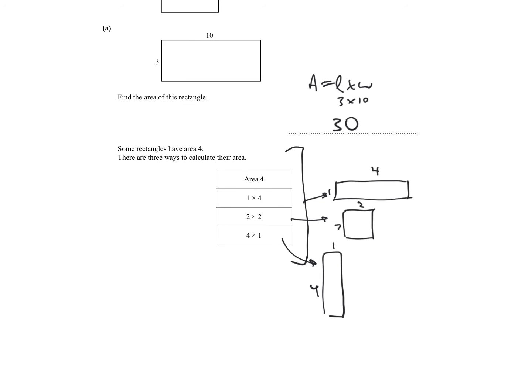You could argue that the 1x4 rectangle and the 4x1 rectangle are the same, but because they said that there's 3 ways to calculate their area, they're telling you that the interpretation you're meant to make in this question and in all the following questions is that 1x4 and 4x1 are different.